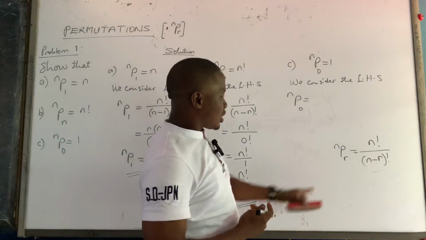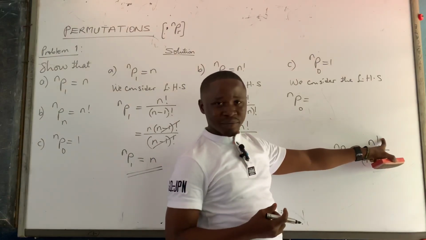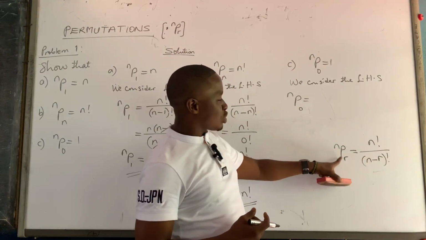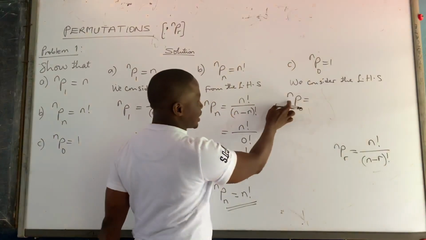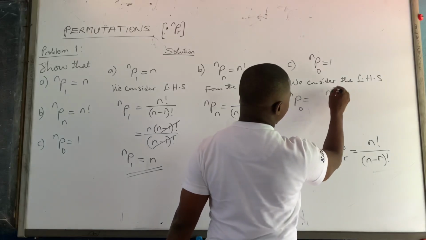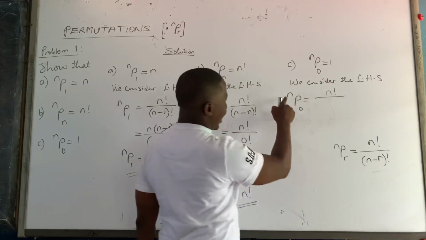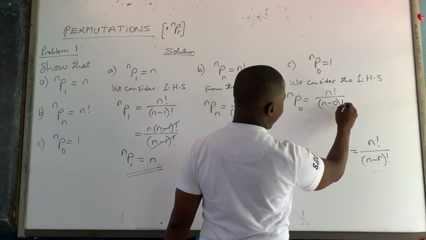All right. But generally, n permutation r is n factorial divided by n minus r, with a factorial. So if we have this time around n permutation 0, what do we say? N factorial divided by n minus 0 factorial.